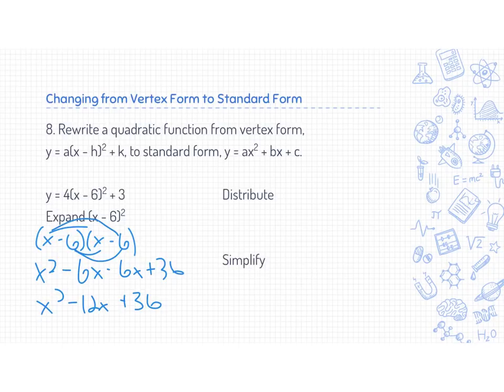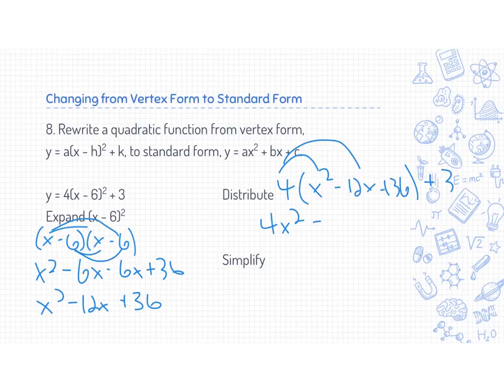Remember, that was just part of the whole. So we have 4 times that (x squared minus 12x plus 36), and then plus that 3 at the end. So now we need to distribute. So we get 4x squared minus 48x plus 144, and then plus that 3.